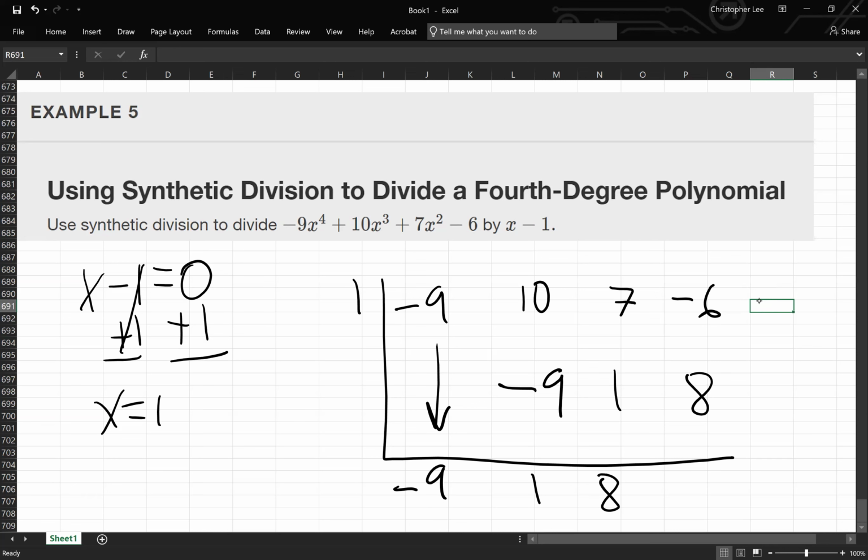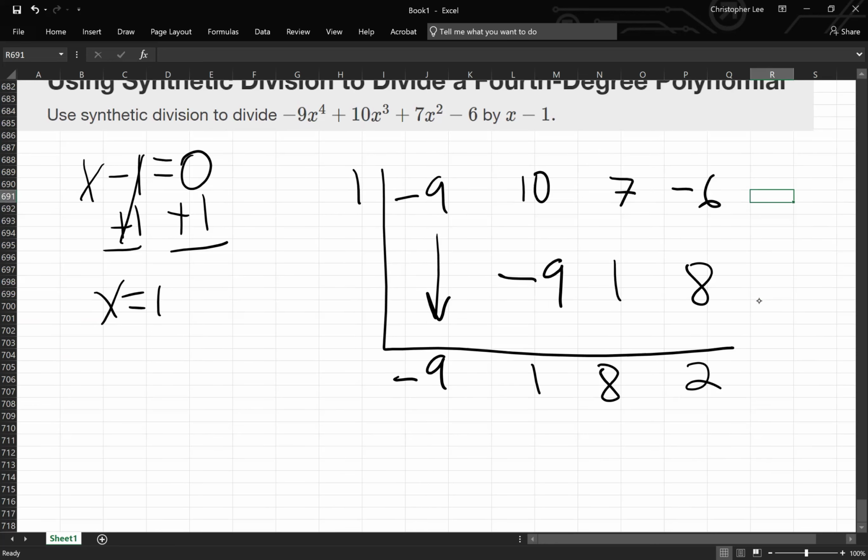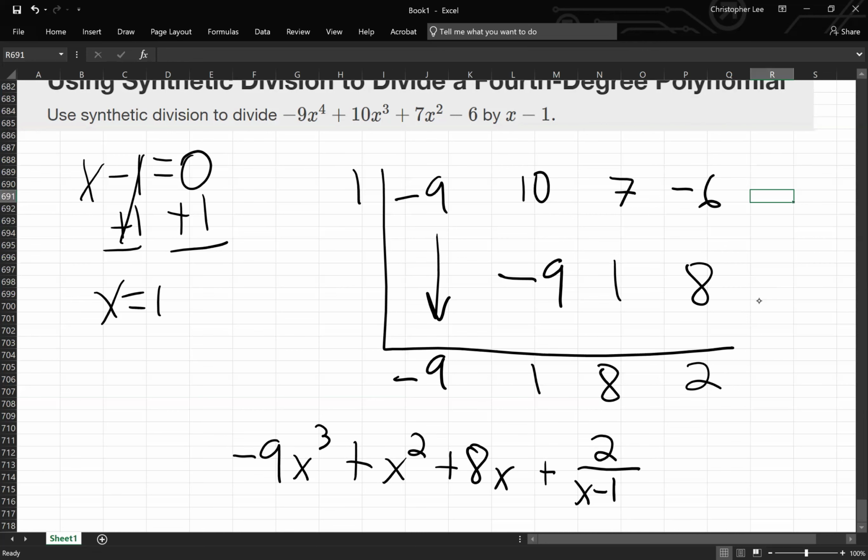Negative 6 plus 8 is 2. So here's my answer: negative 9x cubed plus x squared plus 8x plus 2 over x minus 1.